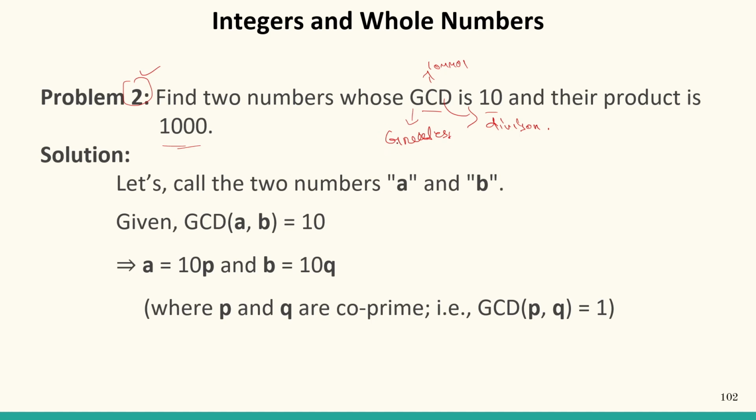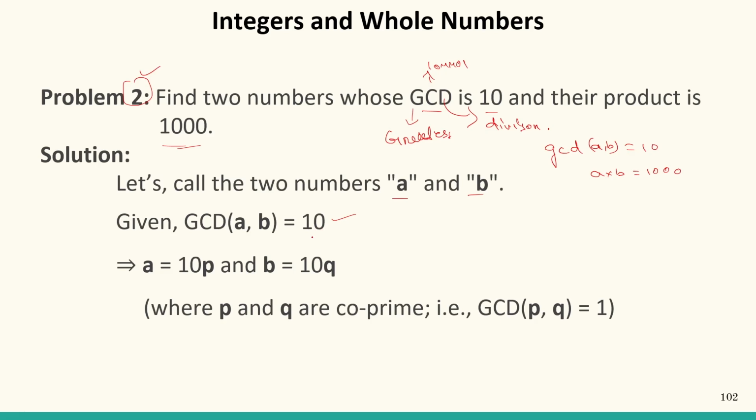Let the two numbers be A and B, so GCD of A and B is 10 and A into B is 1000. Since their GCD is 10, A is equal to 10 into some P, and B is equal to 10 into some Q.